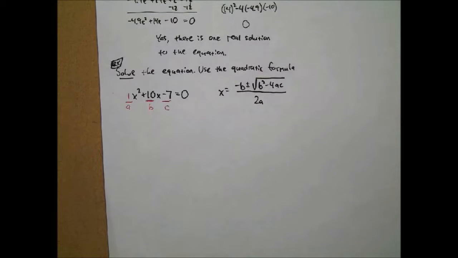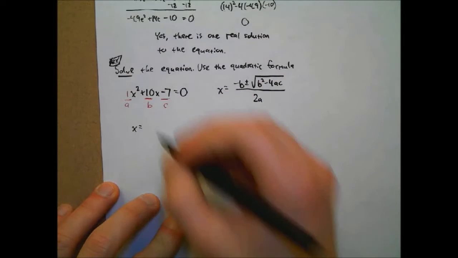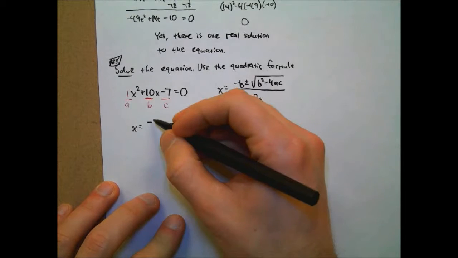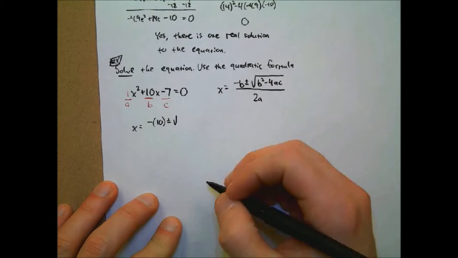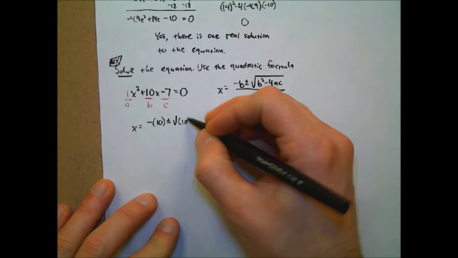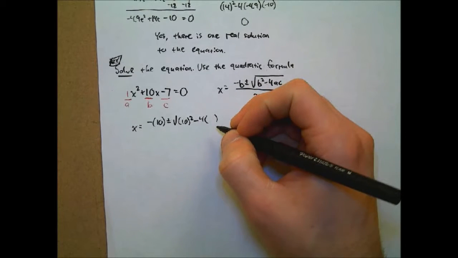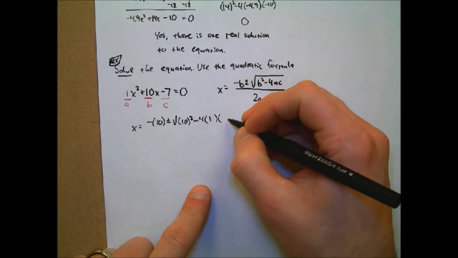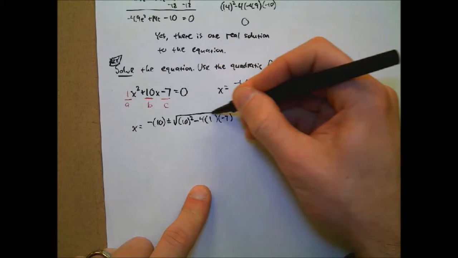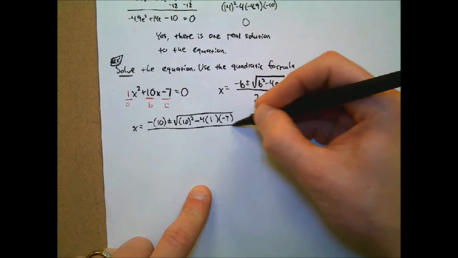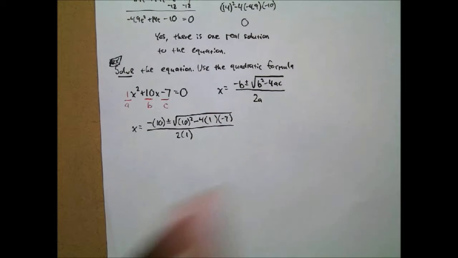So, let's use the quadratic formula now. x equals negative b, so negative in parentheses 10, plus or minus the square root of b squared, so in parentheses 10 squared, minus 4 times a, which is 1, times c, which is -7, all over 2 times a, which is 1.